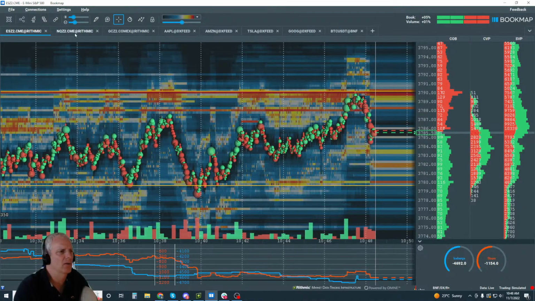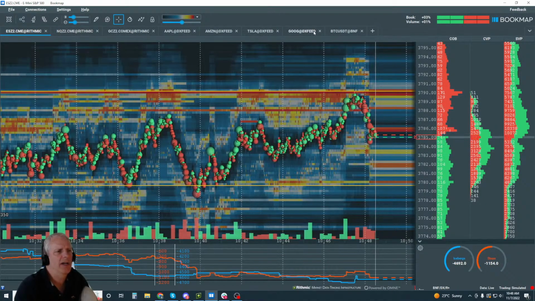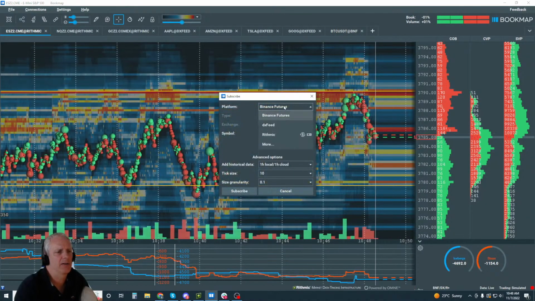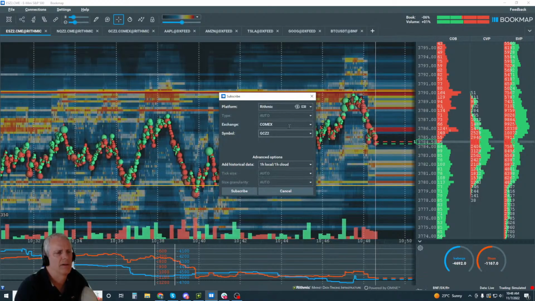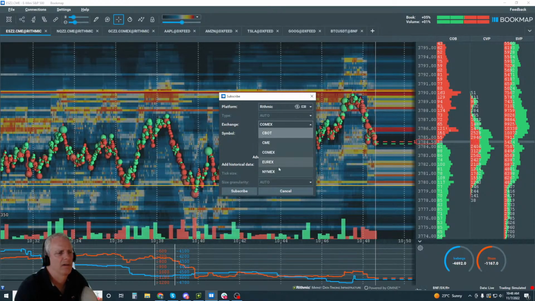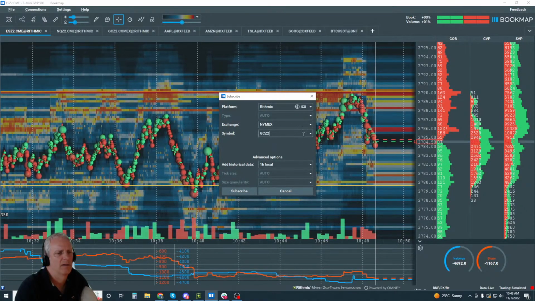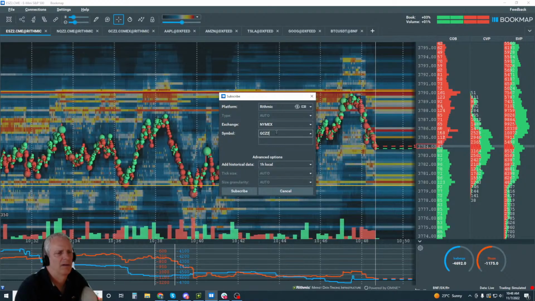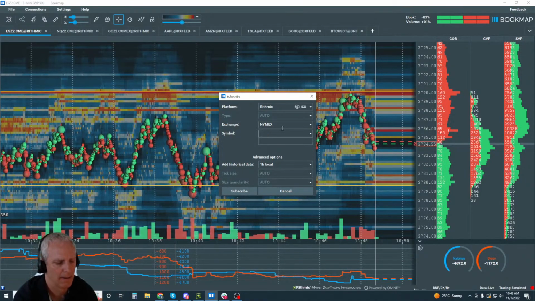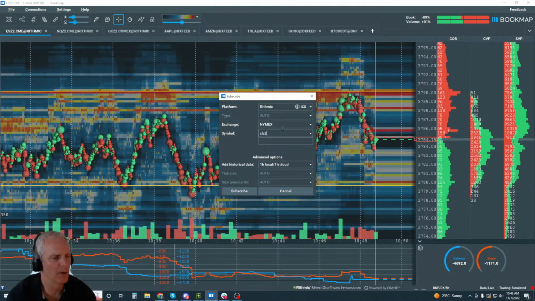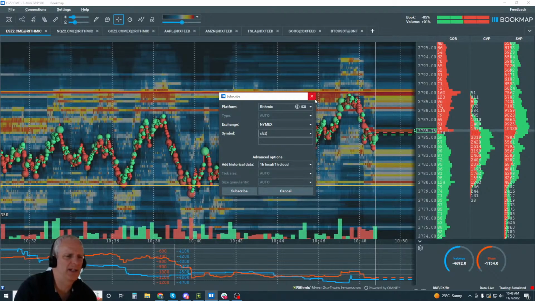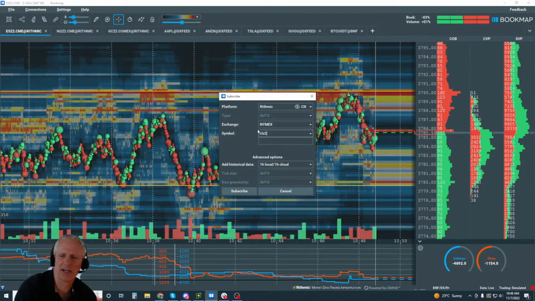So is it worth it to take this? Let's take a quick look over at CL. I don't have CL up. Let's add it though. We're on the Z contract, I imagine, at this point, or the X contract.